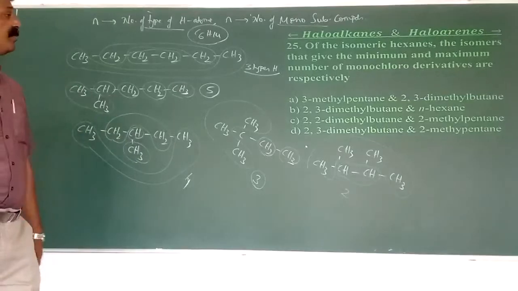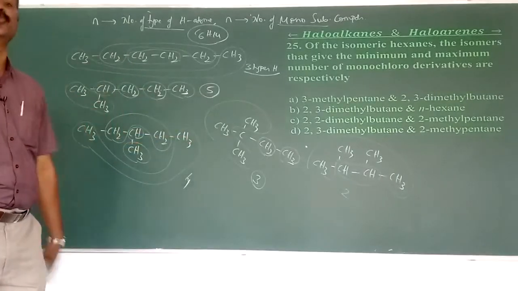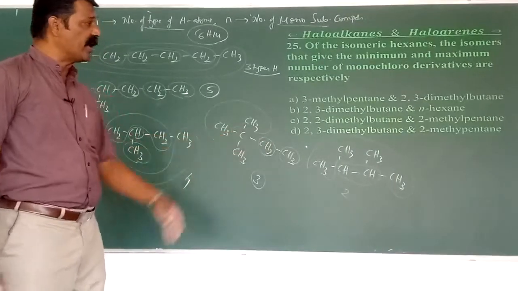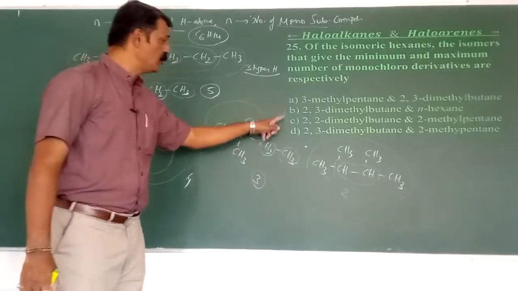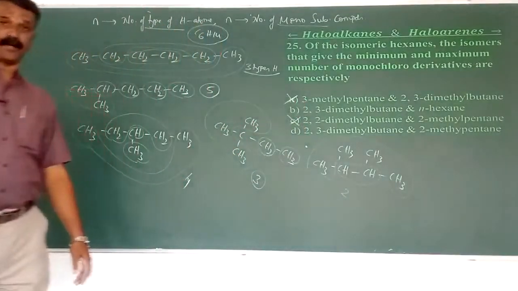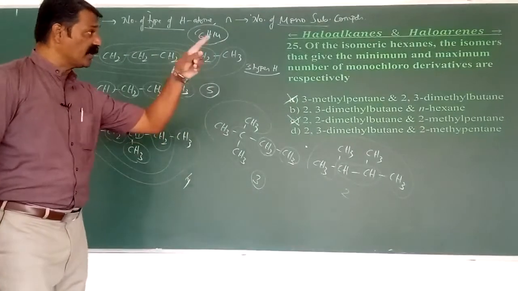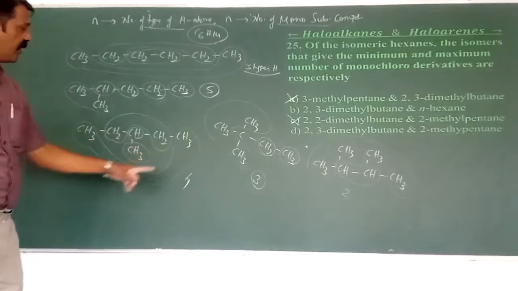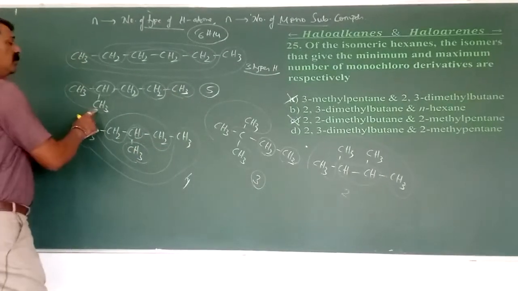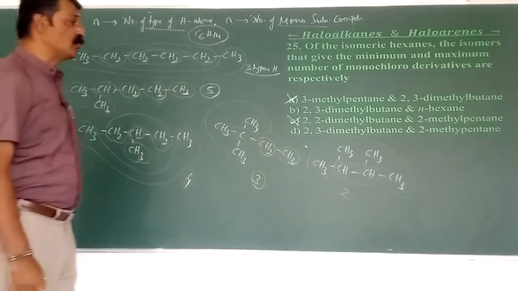What I ask here is minimum and maximum. Here it is 3, here 5, here 4, here 3, here 2. The minimum is 2,3-dimethyl butane, so I can delete A and C. The maximum is 5, which is 2-methyl pentane.